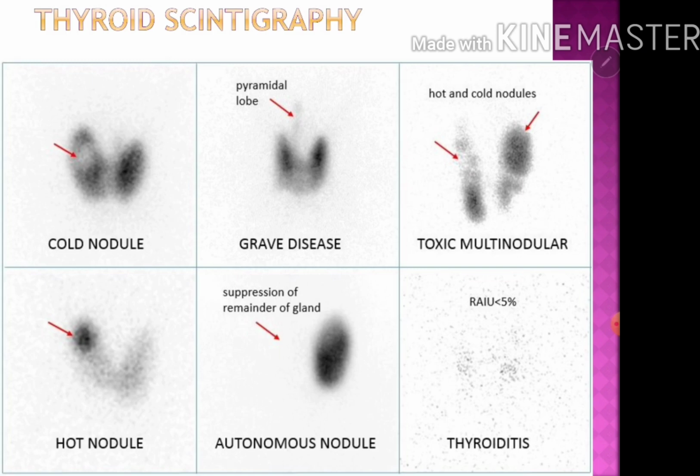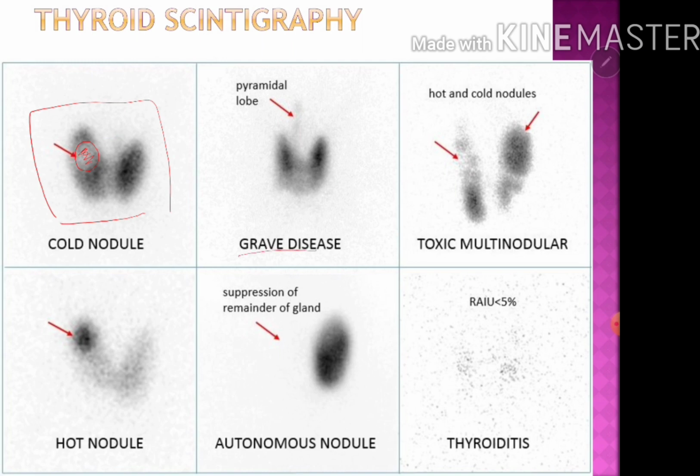The other important investigation in thyroid nodule is thyroid scintigraphy. In thyroid scintigraphy, as we can see in this picture, the uptake is normal, but there is no uptake here. The absence of uptake means this is a cold site. A cold site means this is a hard nodule, or it mostly goes with a malignant nodule.